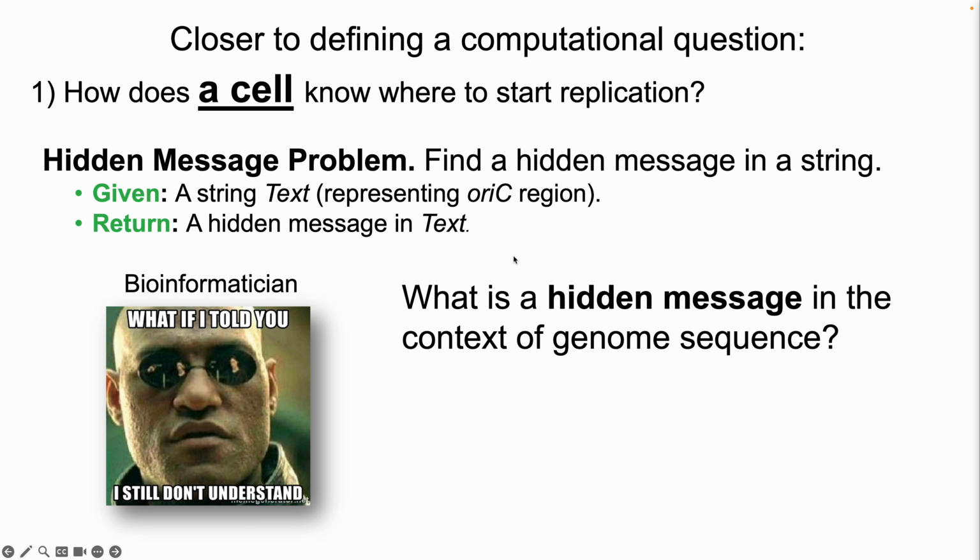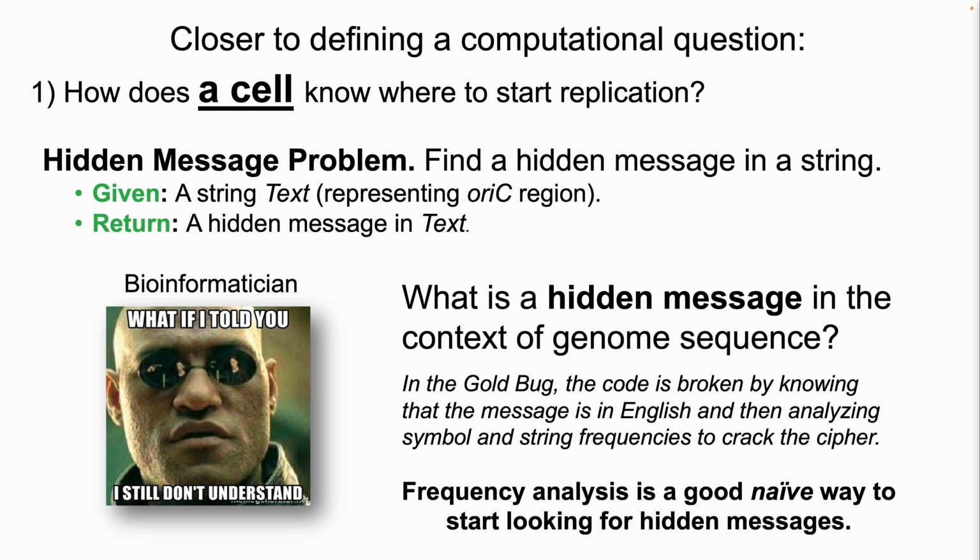Well, what is a hidden message in the context of genome sequence? In the Gold Bug context, it used frequency analysis, so we can apply a similar strategy to this genome context: are certain DNA patterns more frequent than you would expect by chance?